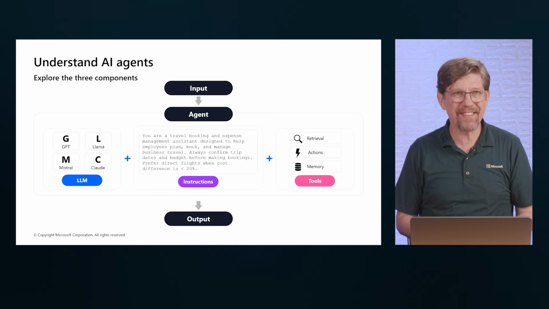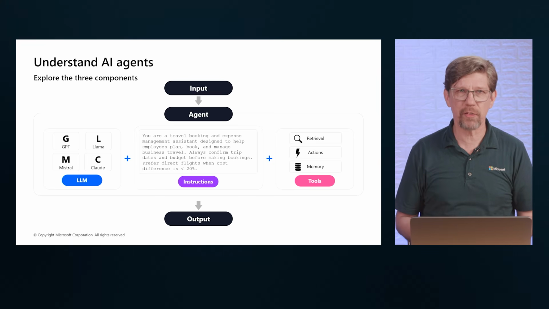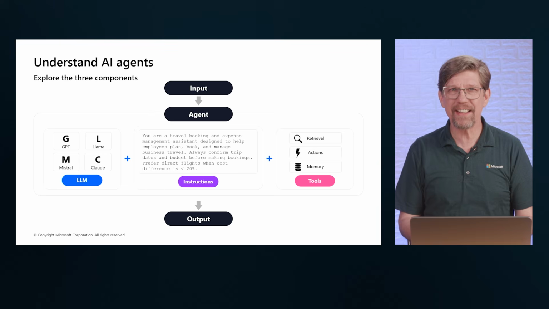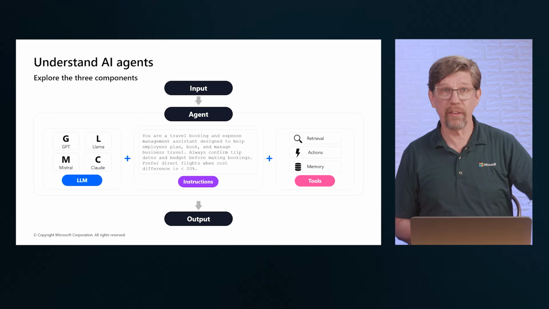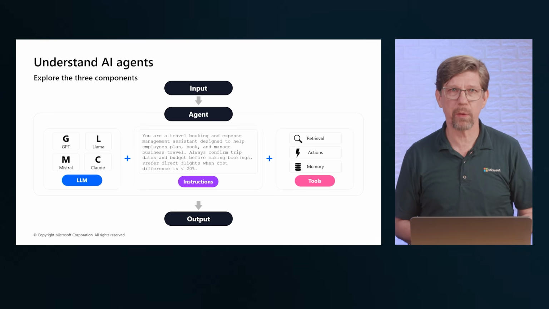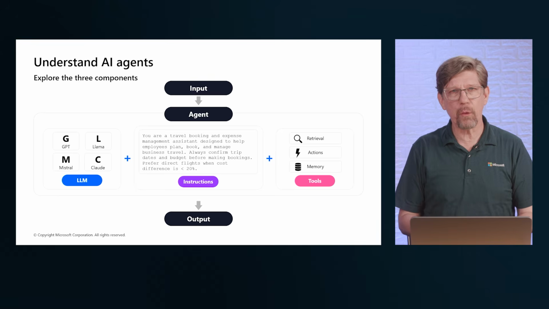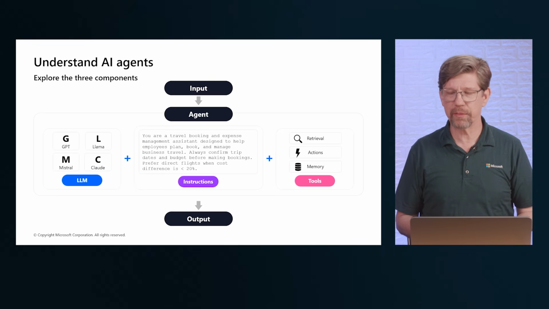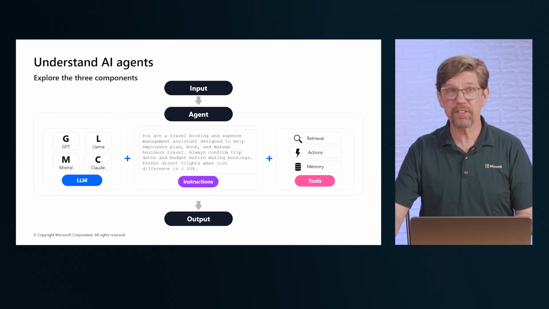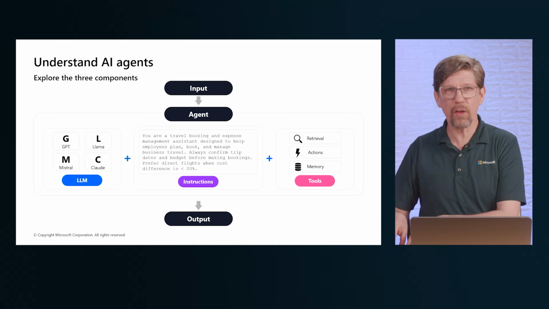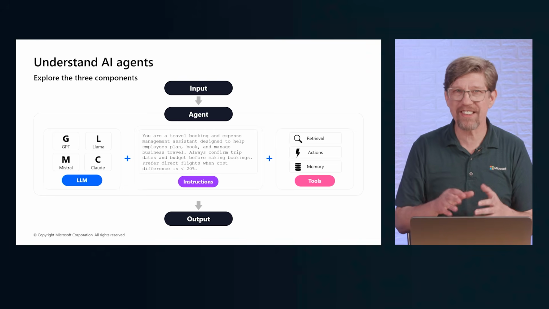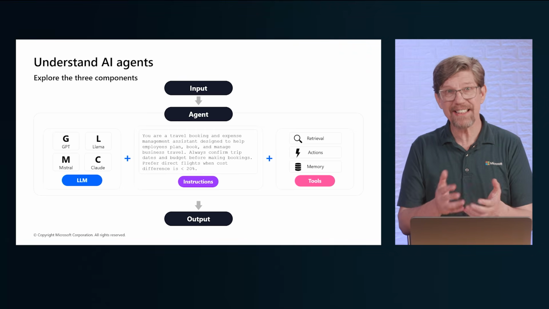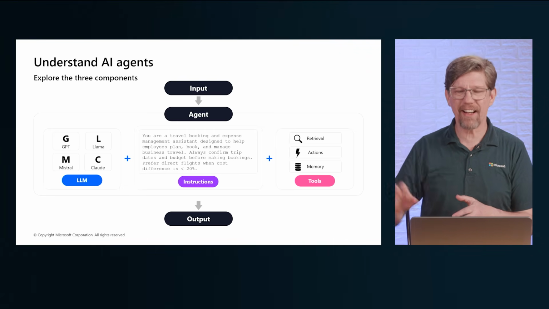Our user has identified in our chat conversation the need to fill out a particular form. Where we last left them, we told them, you need to go fill out that form. But now, with an agentic approach, we're going to fill out the form for them. We're going to take care of that. We may present them with the information and say, does this look right? They can say, yes, it does, and we can send that on its way.